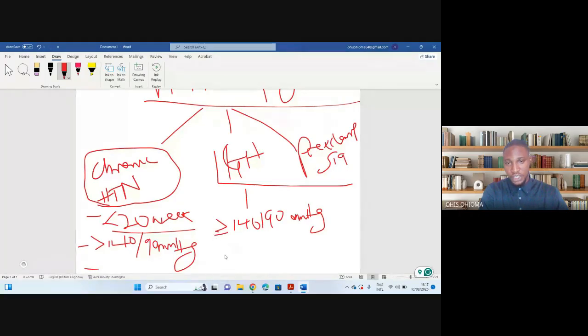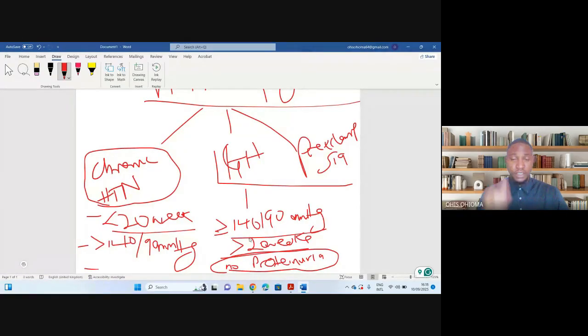And then this patient, so you're the doctor, the patient comes to you for the first time above 20 weeks, with a blood pressure of this. Patient is non-proteinuric. So there's no proteinuria in this patient, but this patient is just hypertensive.